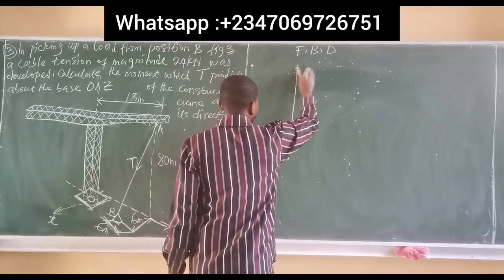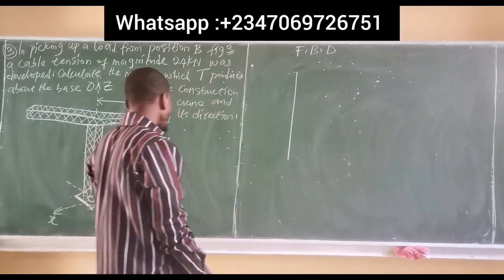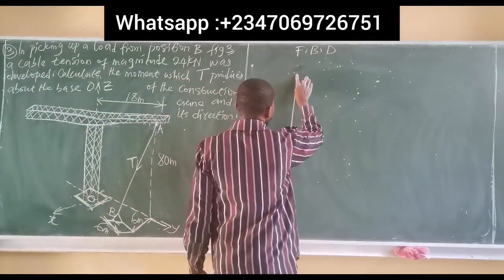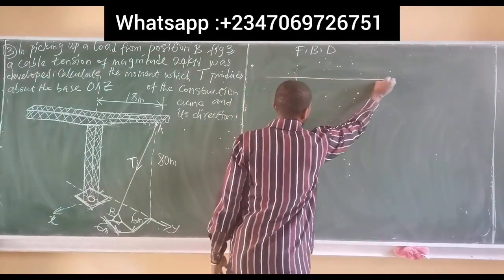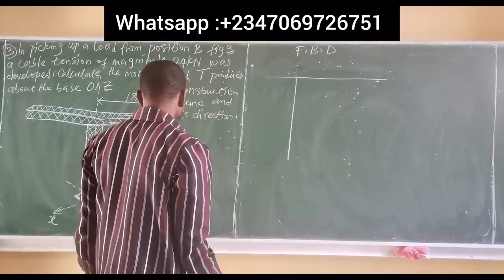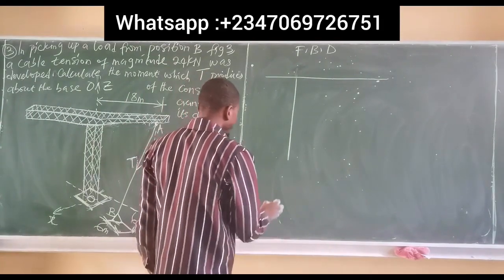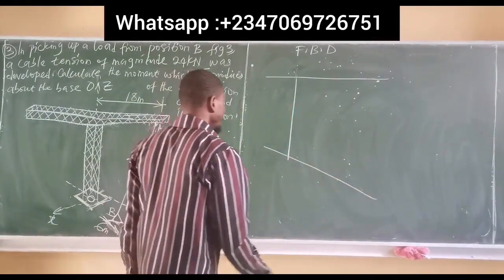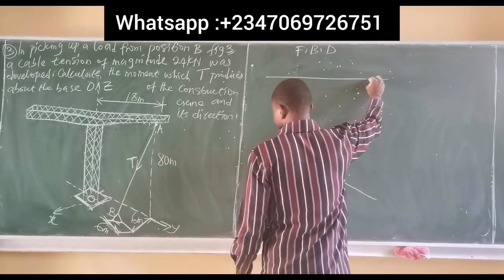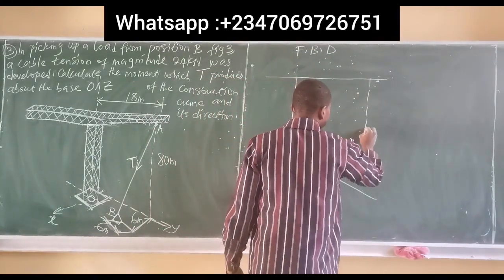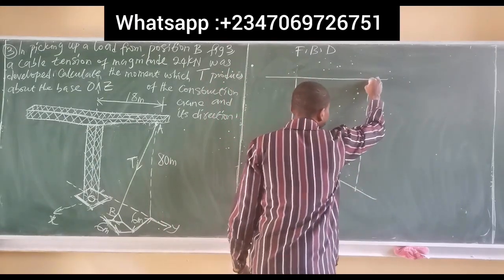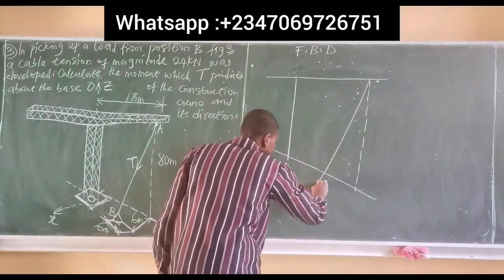Free body diagram is simply a diagram of forces which shows all the hidden forces on a system. Okay, you also have something like this. And you have something like this. Okay, you have this height. And this is from point A. You have something like this.